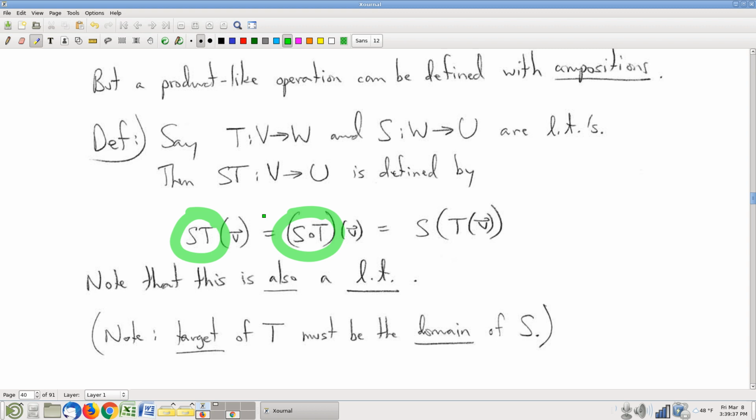But a more persuasive reason is that, as we will see in a moment, this choice, and I emphasize it's a choice, it's a definition. Definitions are choices. If we choose to define a multiplication of linear transformations with compositions, we will find ourselves looking at an algebra that's very familiar, that has a lot of nice properties, and in which we can do a lot of things, and we're going to end up being able to prove some big theorems with this choice.